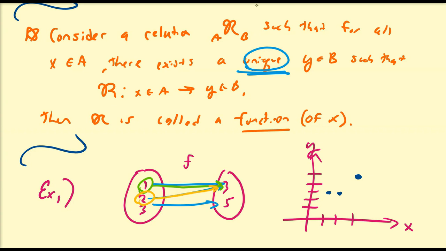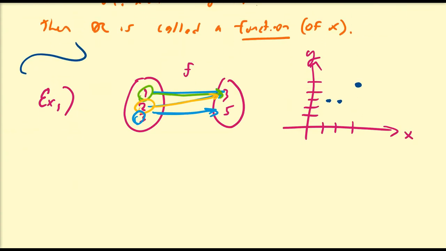Yes, that number is 3. Now in terms of 3, is there a unique y that corresponds to it? Yes, that number is 5. Therefore, for every x, there's a unique y that corresponds to it. So therefore, f is a function. So f in general is a relation, but f in particular is a function.